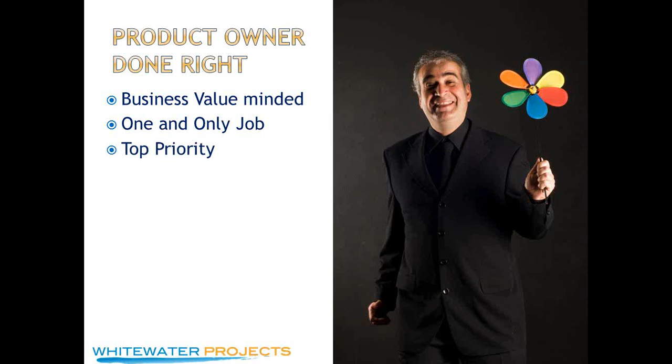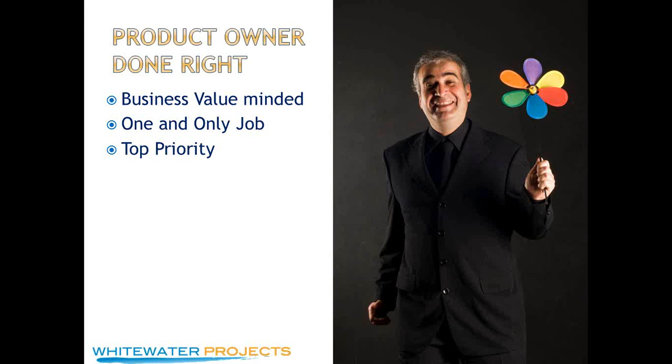We'll talk about it as we get further into it, but this is one of the positive ways that product owners are done right: when it's their one and only job. And it's their top priority, right? If it's your only job, it is your top priority. I throw that in there because sometimes you'll have an organization where it's not their only job, but it could be their top priority, so those offset each other.